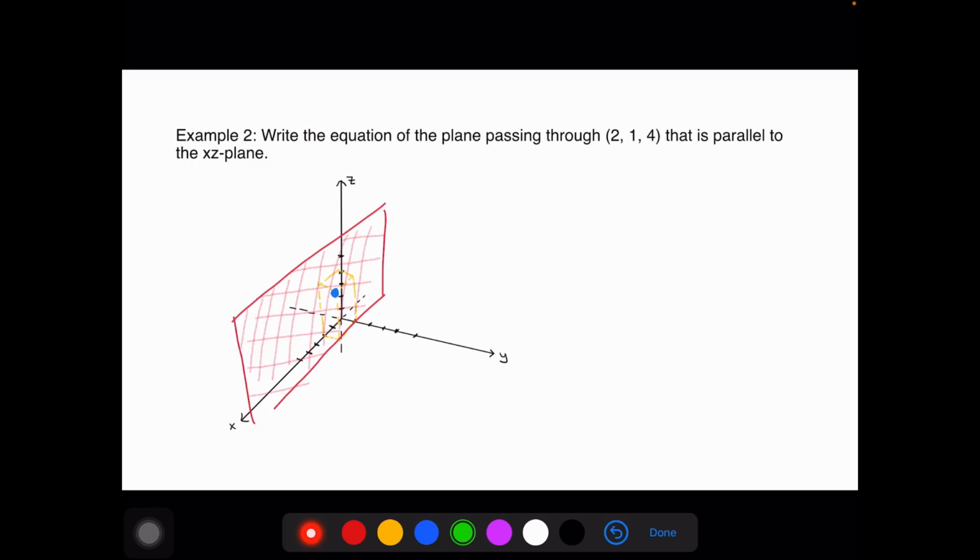The y values are always the same. And based on where that point is, if it's going to go through the point 2, 1, 4, that has a y value of 1. And so my plane always has y values of 1. And we can just write that equation as y equals 1.